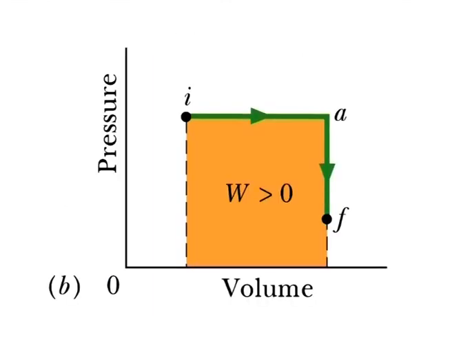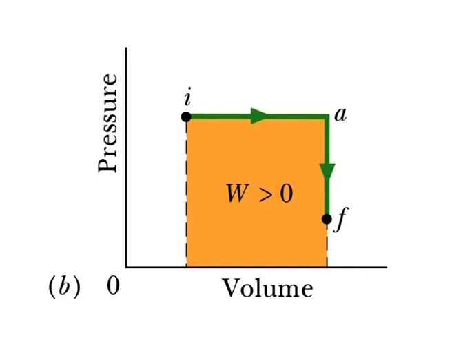Step AF of the process is carried out at a constant volume, so you must wedge the piston, preventing it from moving. Then as you use the control knob to decrease the temperature, you find that the pressure drops from Pa to its final value Pf. During this step, heat is lost by the system to a thermal reservoir.